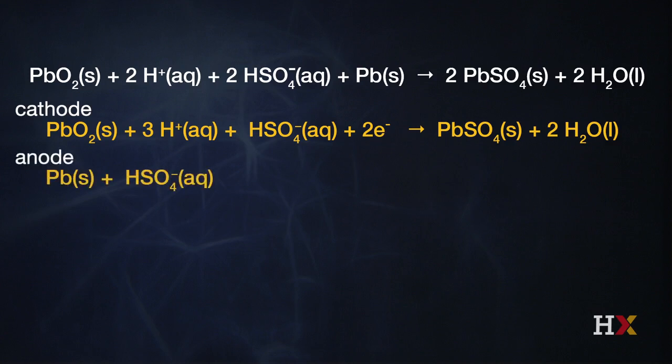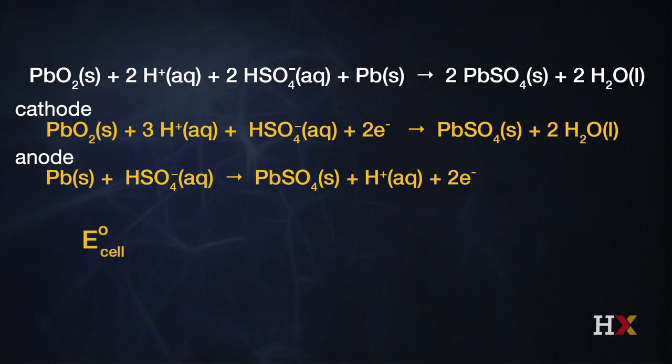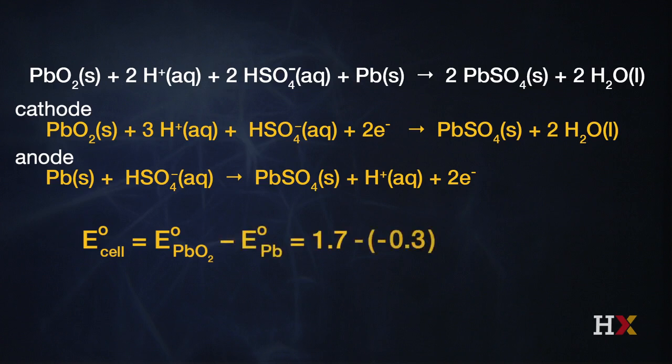And the other reaction is lead plus hydrogen sulfate anion forming lead sulfate, producing two electrons. So we can calculate immediately what the overall voltage of the lead-acid battery is. It's the reduction potential for the reduction half reaction, 1.7 volts, minus the reduction potential for the anode reaction. And that gives us 2 volts for that lead-acid battery.